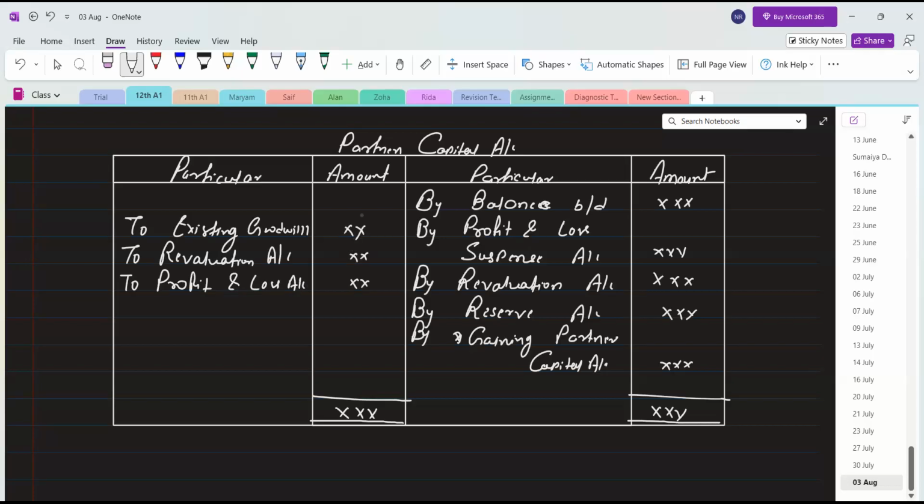So this is our partner's capital account. Please write this also. And there is one more account that we have to write out after this, and then we'll solve the question.